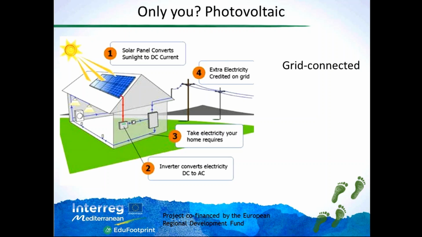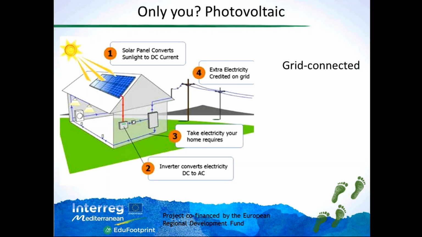So in case there is an electricity need by the user when the photovoltaic plant is producing electricity because it's sunny, then the PV electricity is consumed within the building, directly by the user. If we have a surplus production, then this production can be injected into the grid, and we will see then how this is remunerated.